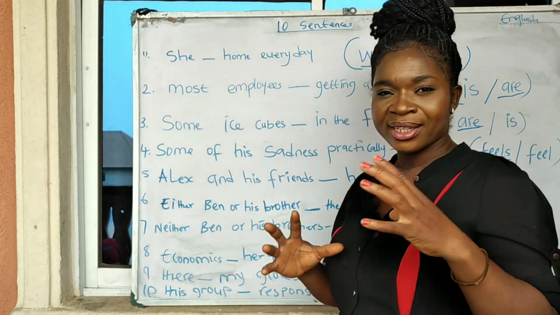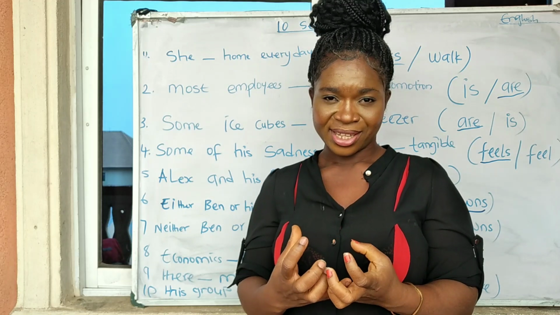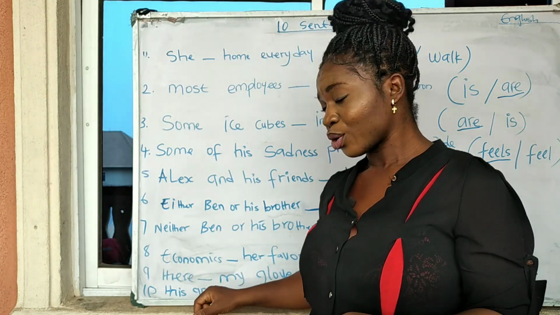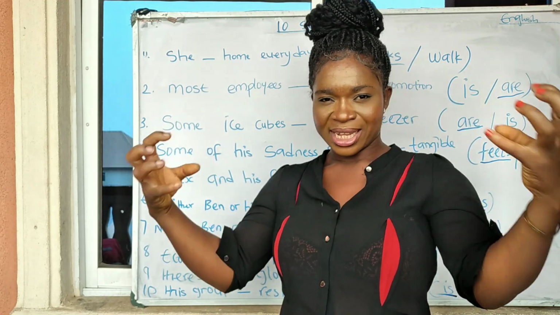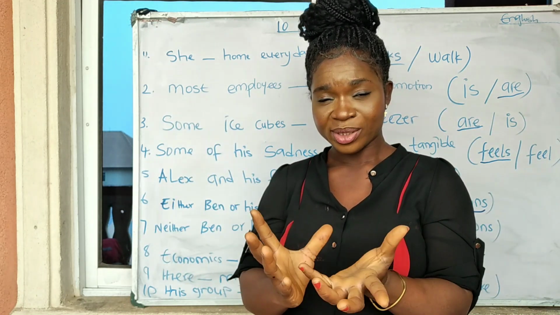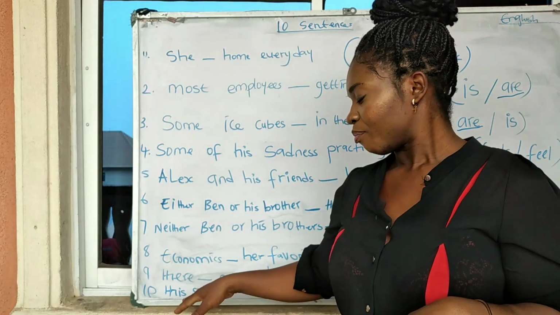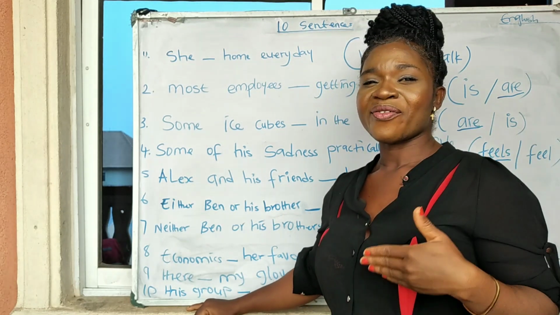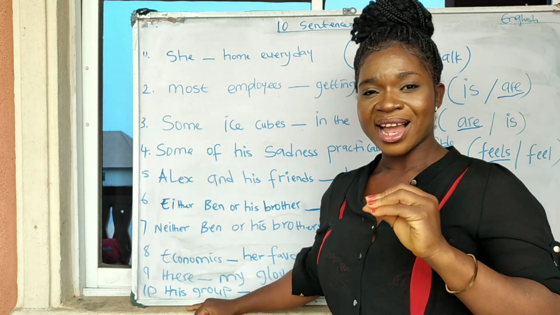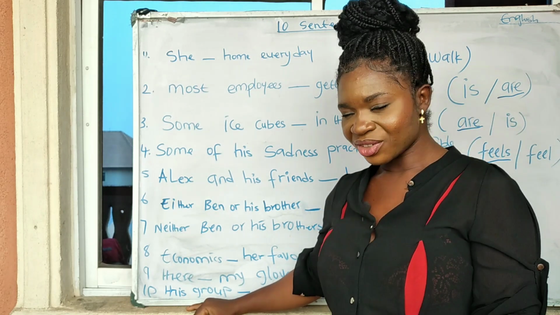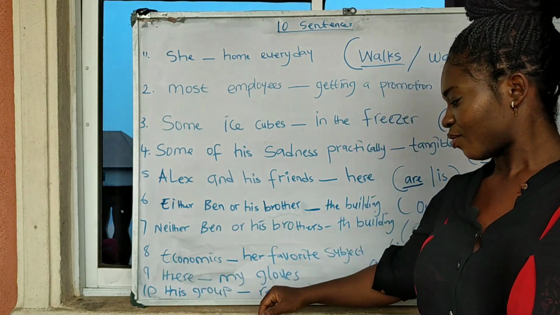But this rule states that if a collective noun is a subject, and we're talking about groups, community, family, these groups that are considered one when put together, these are collective nouns. So because the rule states that if a collective noun is the subject of a sentence, it is considered singular, it should go with a singular verb. That is the case for number 10.